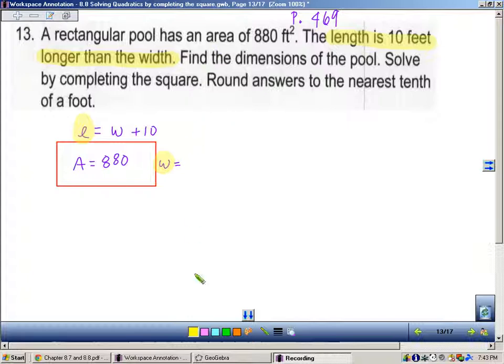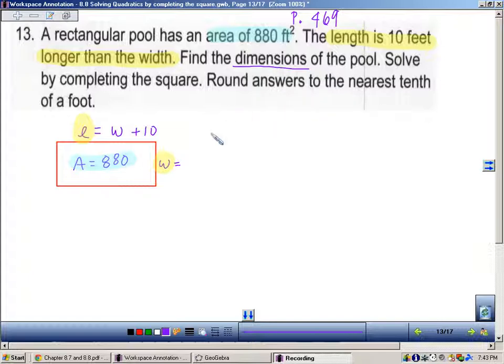And then again, the area. If you look closely here, the area is 880 square feet. So given that information, now what I'll do is solve for the dimensions. Now, a dimension is the length and the width of the rectangle.